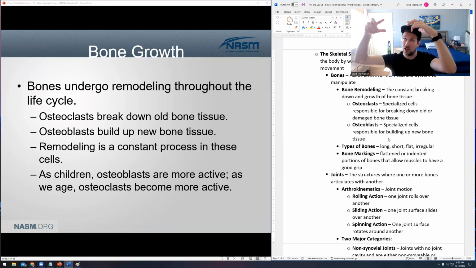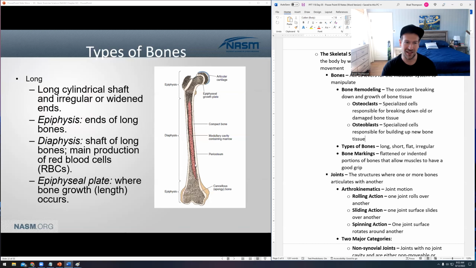Meanwhile, osteoblasts also pick up some extra calcium from your digestion and stuff. So that's why we're adding calcium the more often we do this. It gets denser and denser the more we exercise. When we're kids, our bone makers are super, super active. And when we're seniors, unfortunately, our bone breakers are more active. That's frustrating, but that's sort of how that works.